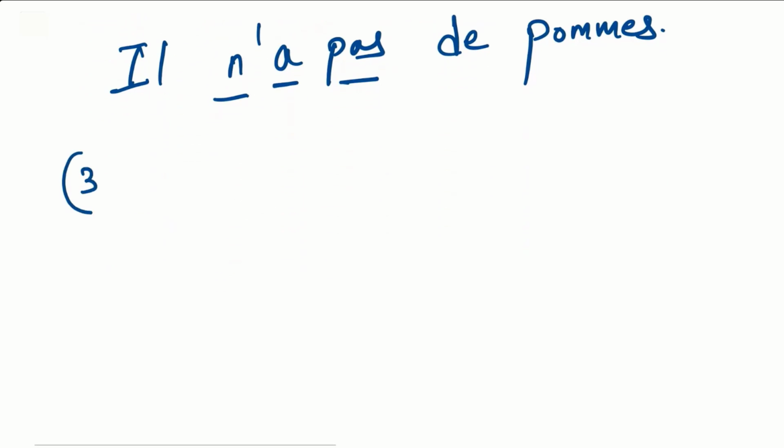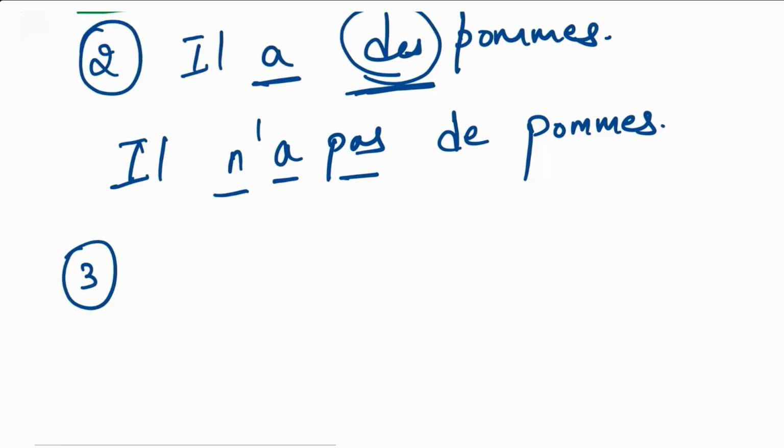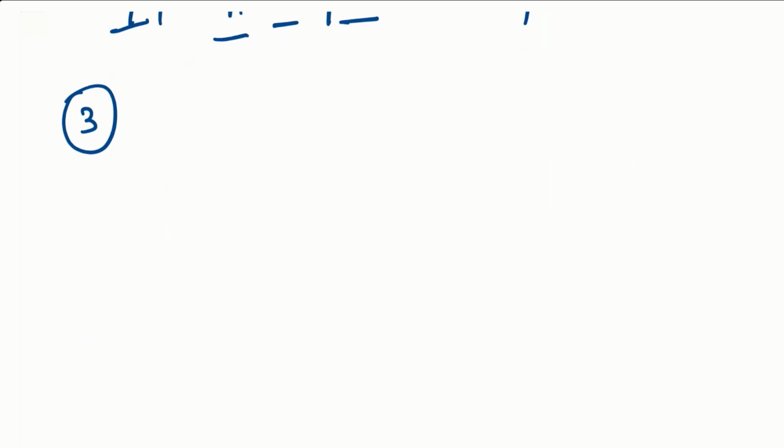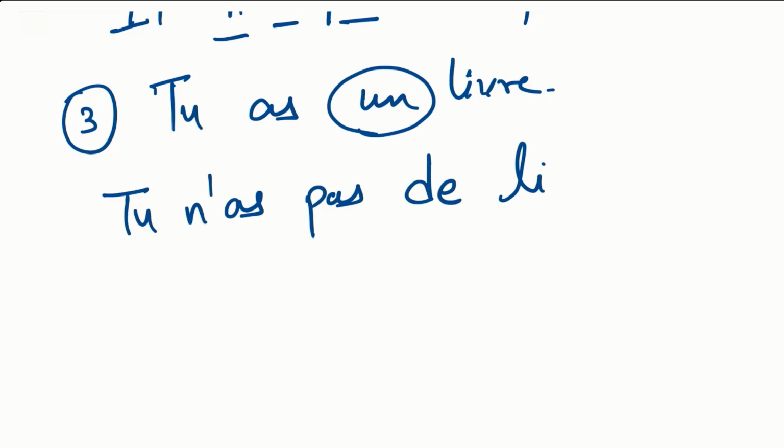Let's take one more example. I'm going to take examples of all the articles. Okay? So the next example here. Tu as un livre. You have a book. You don't have a book. Tu n'as pas, and this will change into what? De livre.